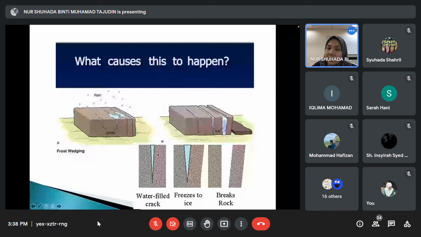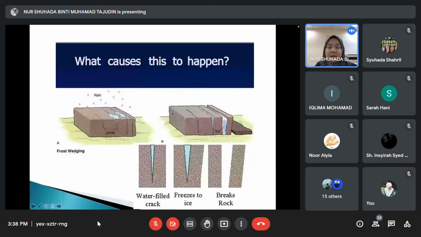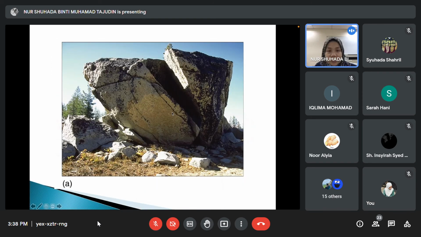Contraction means shrinking. Expand. Expansion and contraction of the rocks. Thank you. So this is how it is formed, but this is more on physically dominated weathering.